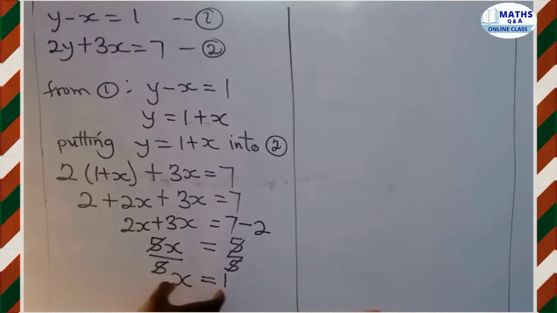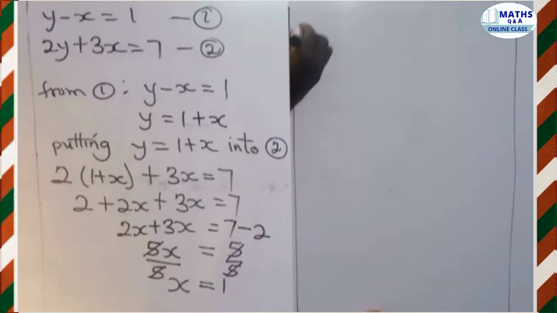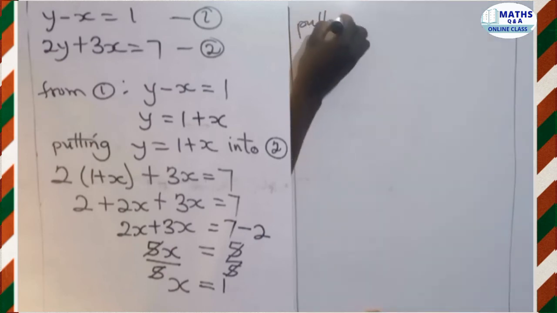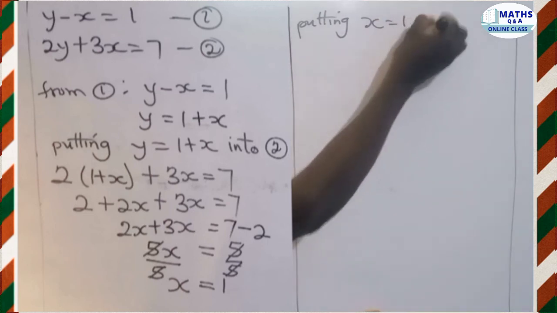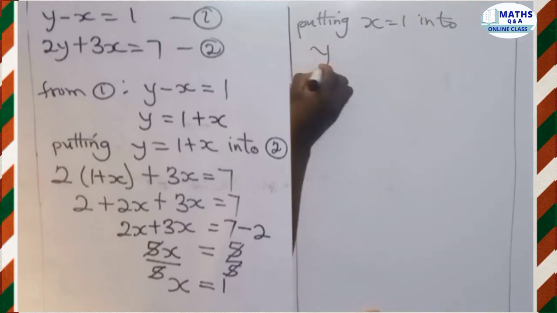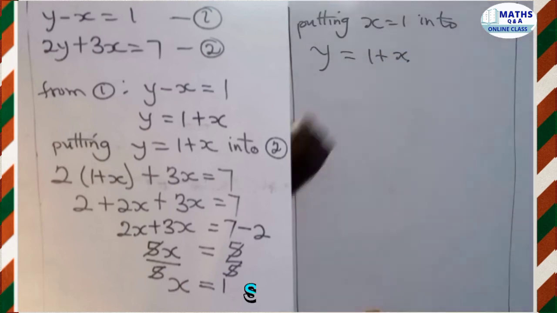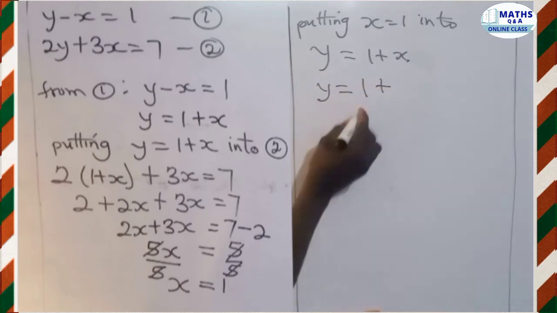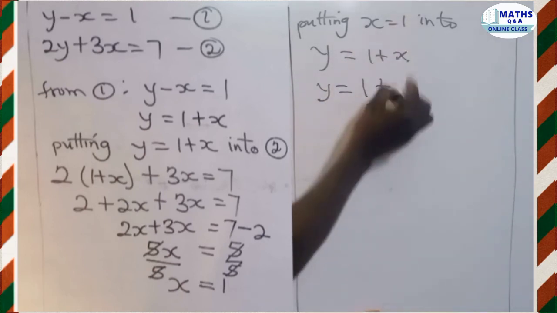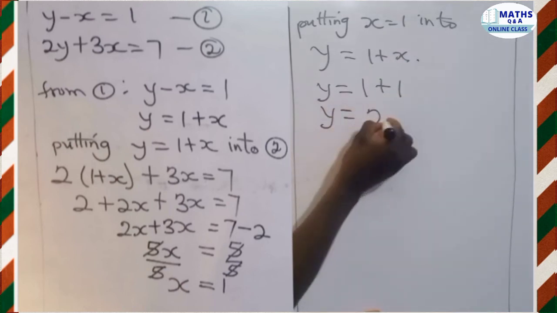So let's put x equal to 1 into y, which is 1 plus x. So y is equal to 1 plus, whenever I see x, I write 1. So y is equal to 2.